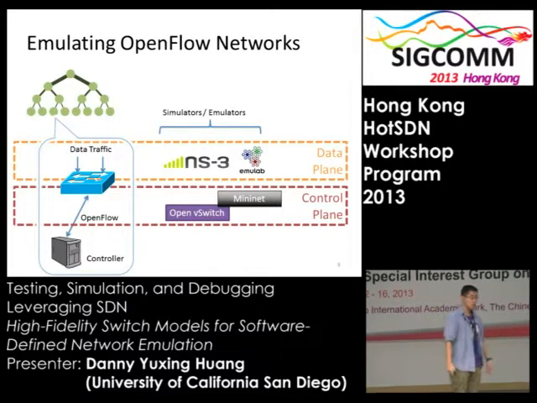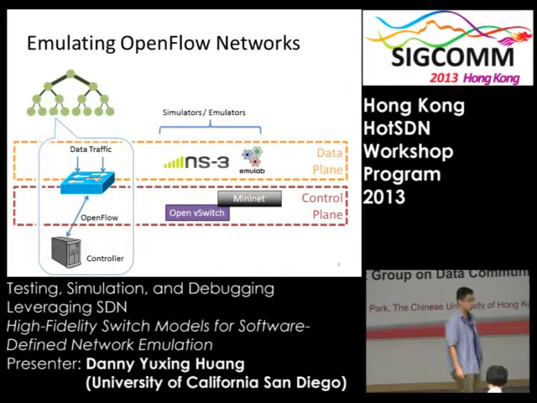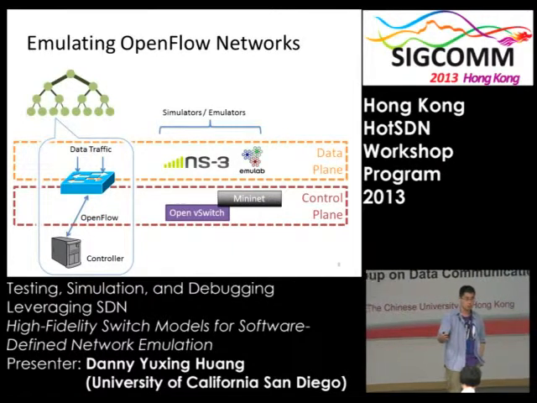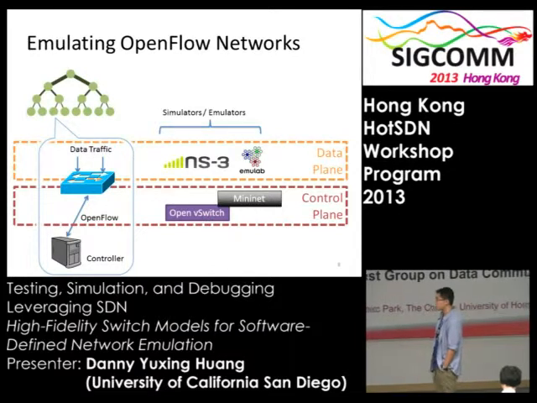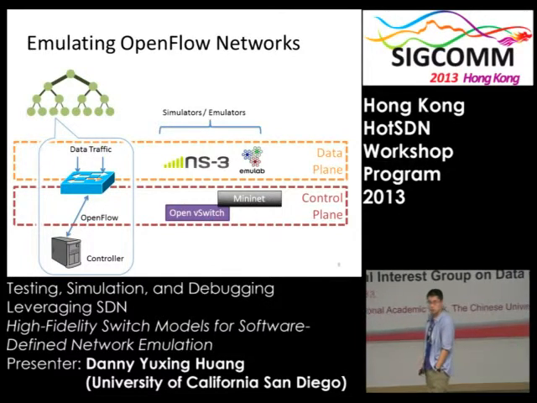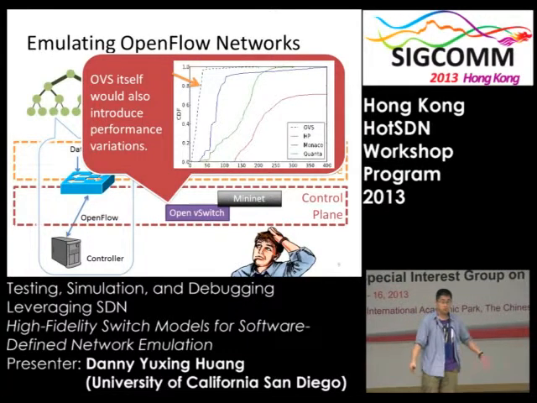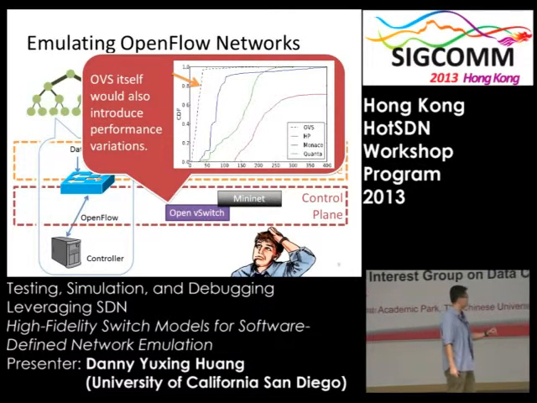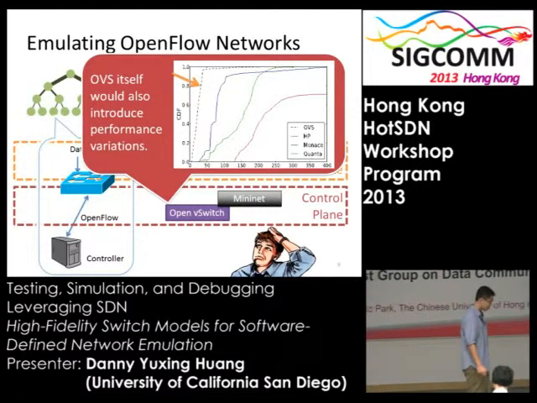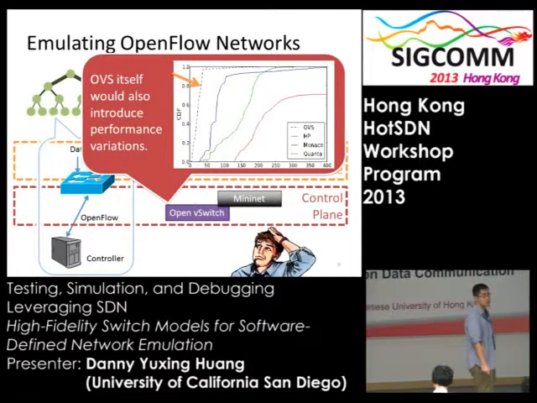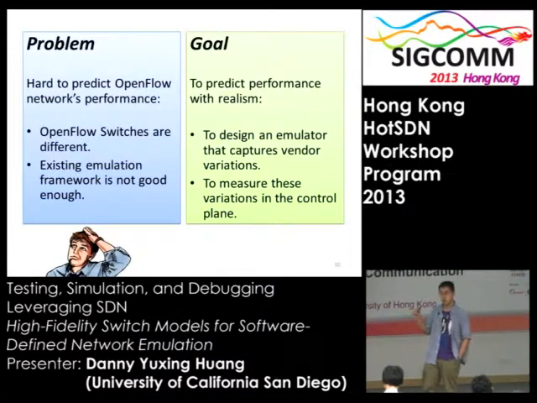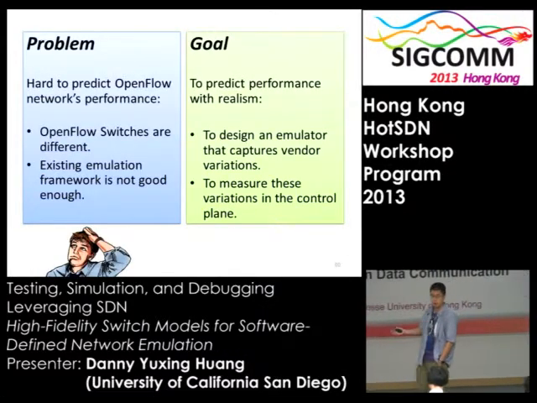Well, you say, you could use Mininet, which leverages Open vSwitch to emulate the control plane. But the problem is that Open vSwitch, or OVS, is itself just another OpenFlow switch. And just like its hardware counterparts, it also introduces variations. So to recap, the problem is that you're trying to predict the performance of OpenFlow networks.